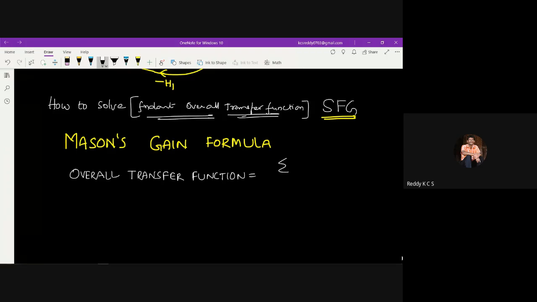He has given sigma Pk, or we can say Tk also, it's not an issue, so I'll write Pk only, the path. Pk into delta k divided by delta, summation with k equal to 1 to n.